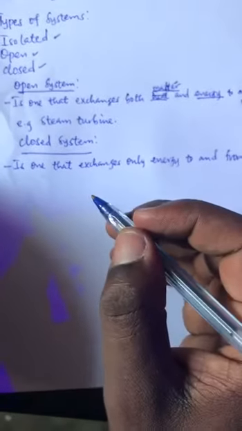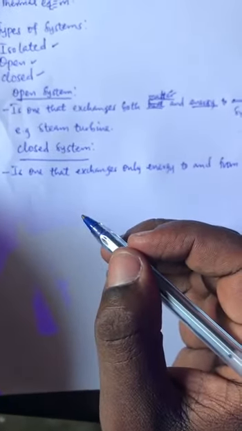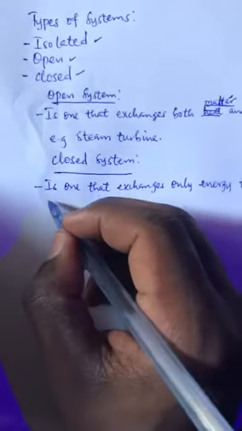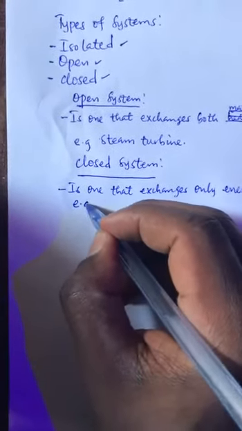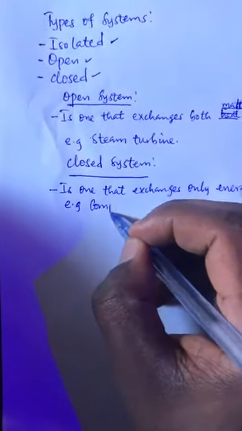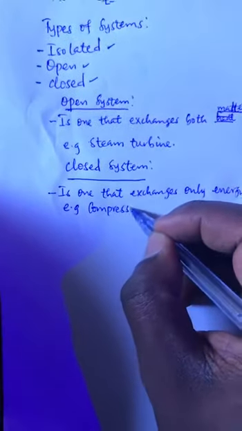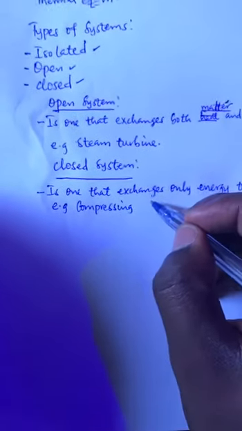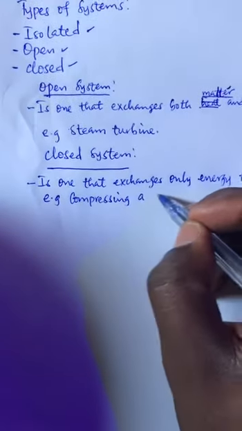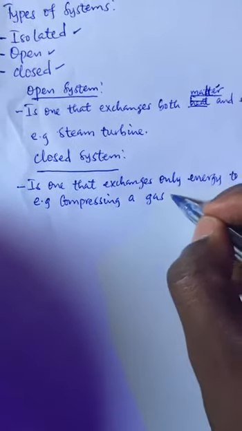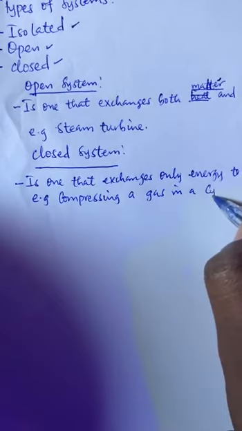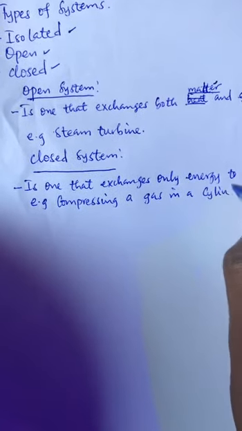Now for example, an example of a closed system is compressing a gas in a cylinder. So remember, a cylinder is closed.